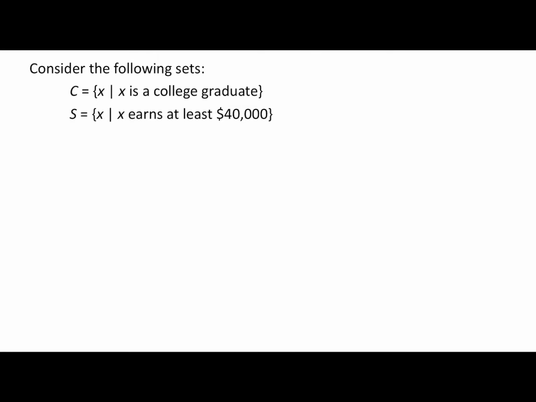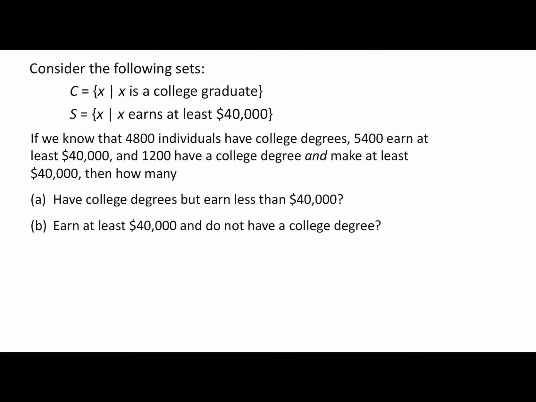So let's look back at our example of college graduates as our first set and people earning at least $40,000 in our second set. Suppose we know that 4,800 individuals have college degrees, 5,400 earn at least $40,000, and 1,200 have a college degree and make at least $40,000. Then we want to answer these questions.